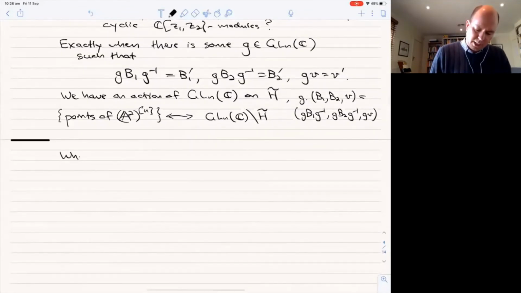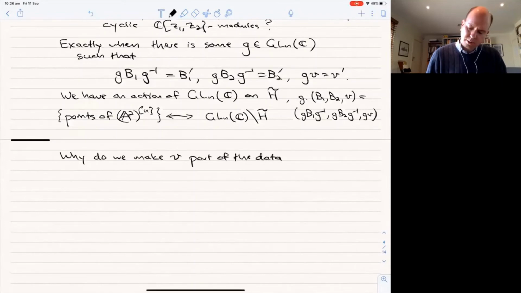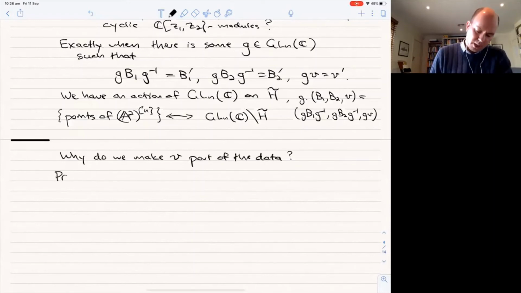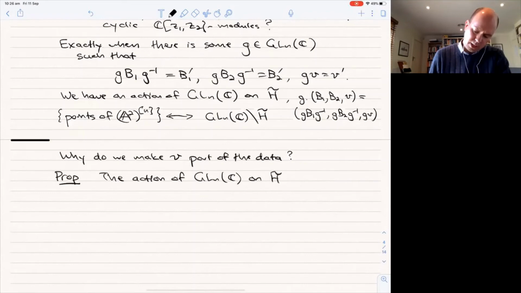So why do we actually... it's because of this nice proposition that the action of GLN(C) on H tilde is free.